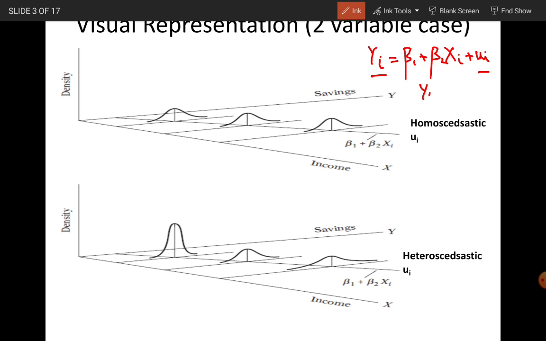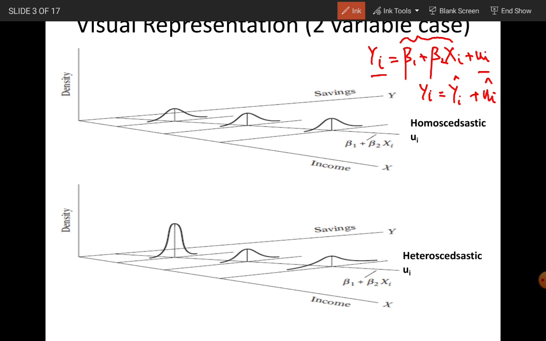What I'm saying is, your beta 1 plus beta 2 xi can be written as yi hat. It is the estimated value, or the estimated mean value, of the y variable, and here I can write it as ui hat, right?